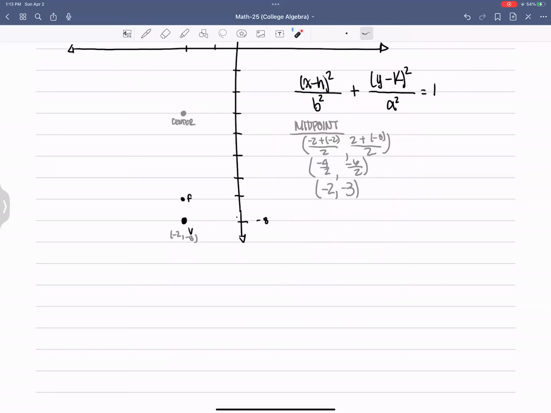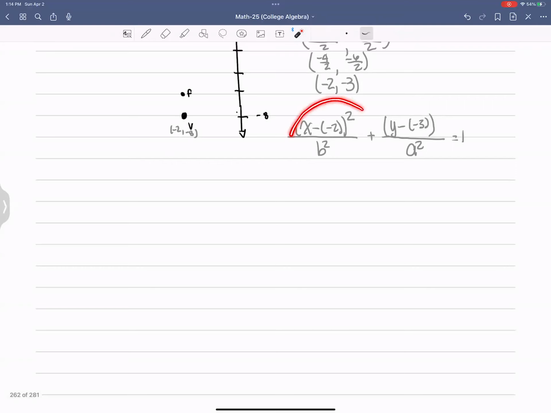All right, so now grabbing the information from here and our midpoint, x minus h. So x minus -2 squared over b squared plus y minus -3 over a squared equals 1.